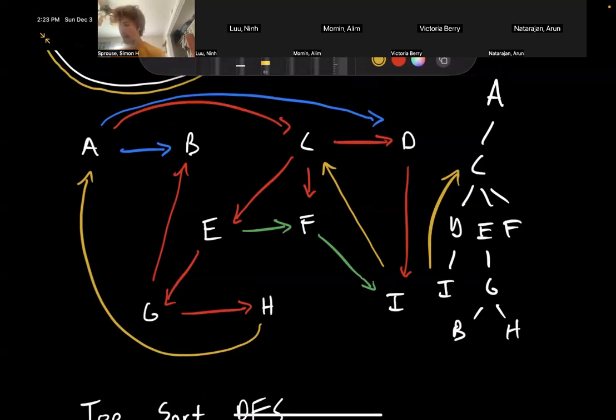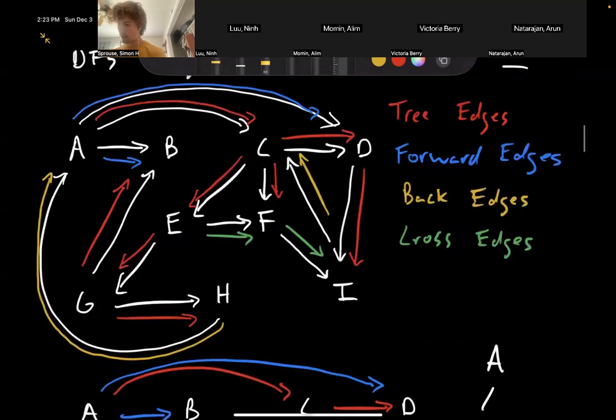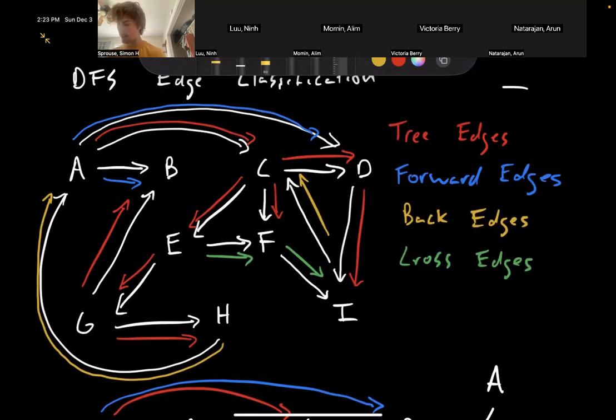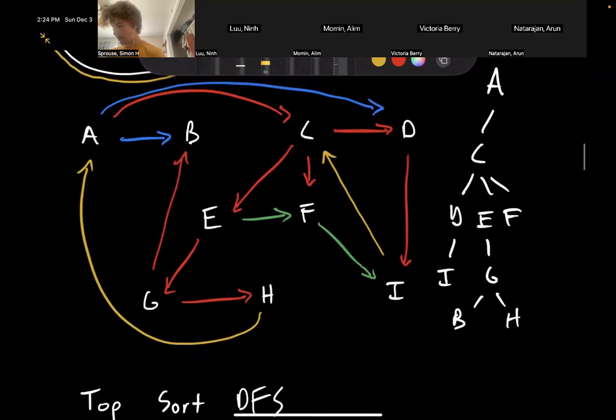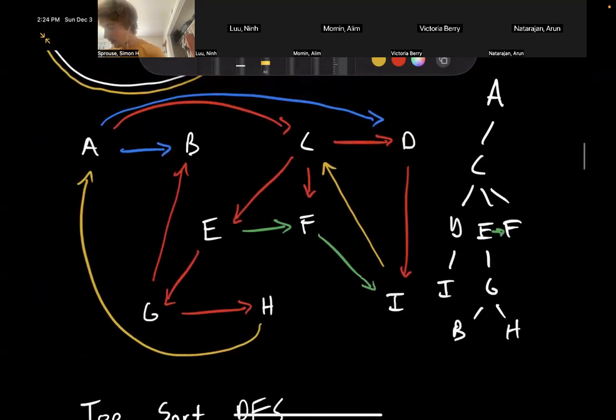And then we had one from H to A, which again, very clearly is a back edge on the tree that used to be legal. And then one more, we had a cross edge from E to F and from F to I. On our tree, that looks like jumping across to a sibling of sorts.